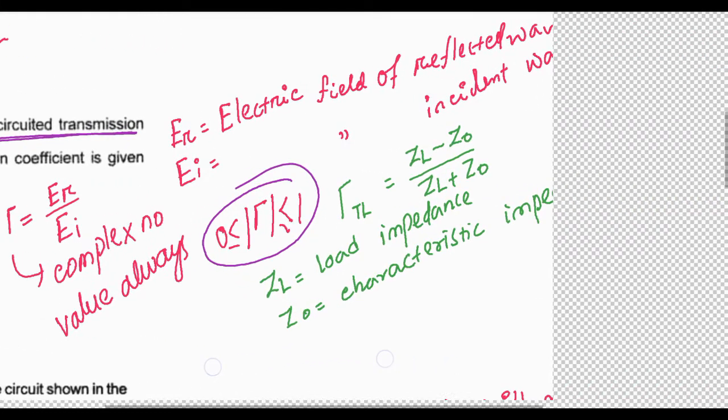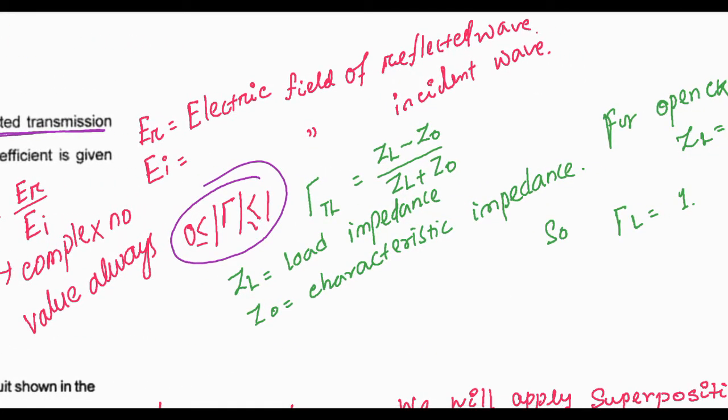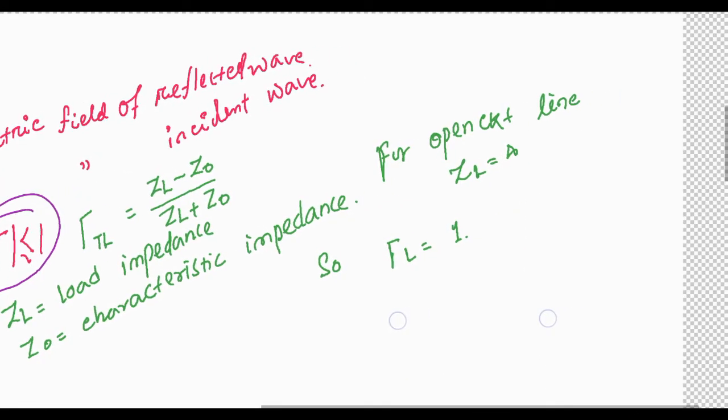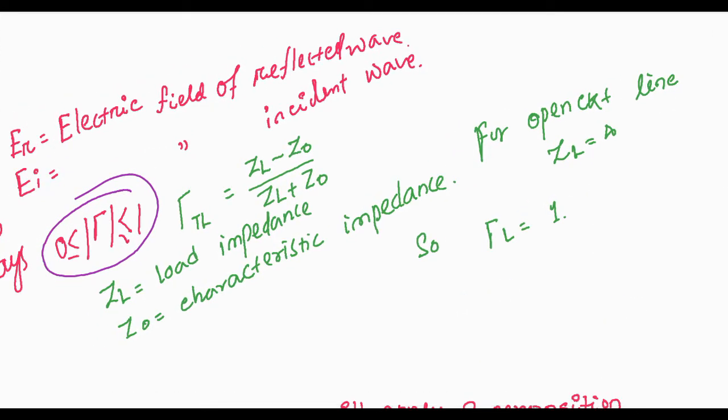It is given by, for a transmission line, ZL minus Z0 by ZL plus Z0. ZL is the load impedance and Z0 is the characteristic impedance of that transmission line. For open circuit line, ZL will be equal to infinity. That means there is no load at the end of that transmission line.